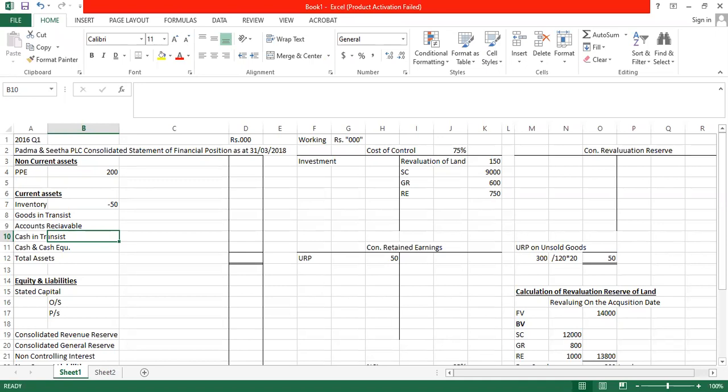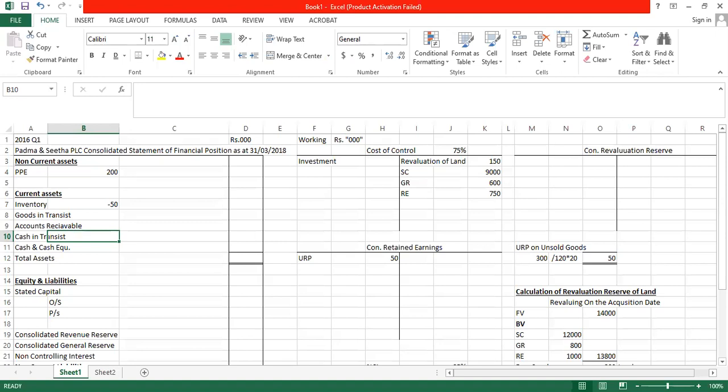So there is a difference, no? If they are doing intercompany transactions, both the balances should be equal. If they sell or purchase from the other company in between, it should be equal, but this is not equal. There can be three reasons for imbalance of current accounts.